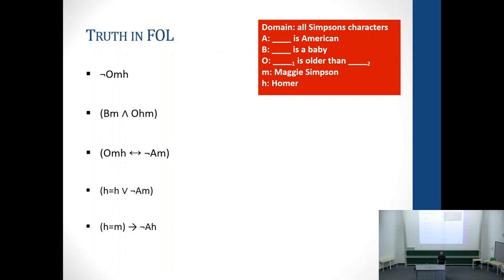Let's try our second one, right? We have BM conjunction OHM. So our main operator here is the conjunction. Is it possible to have a negation of a false statement that is also false?